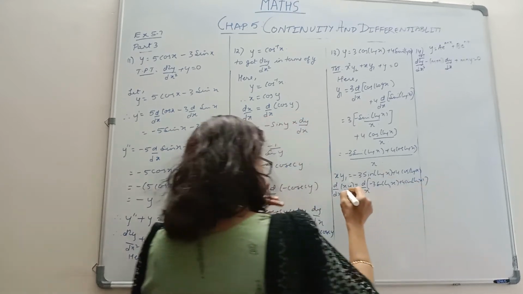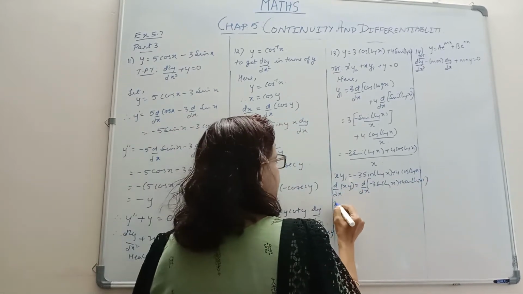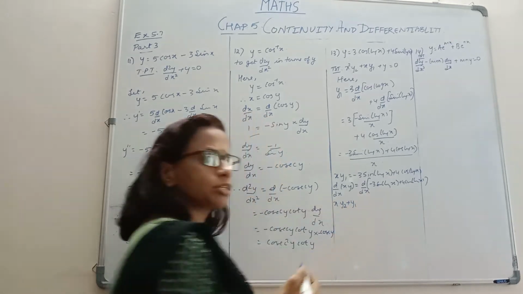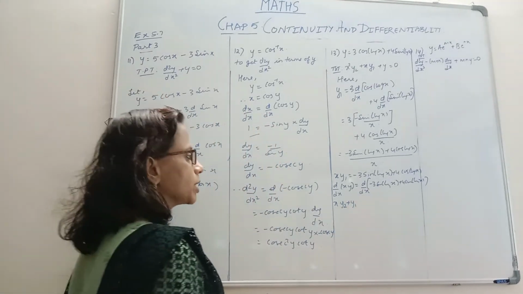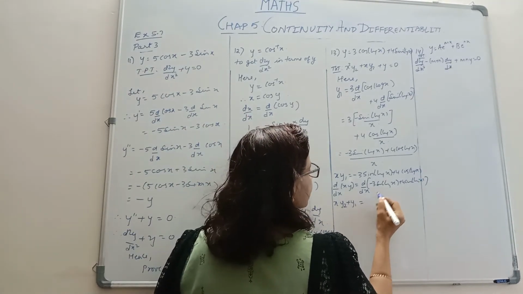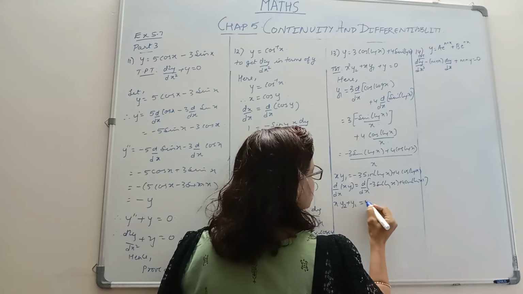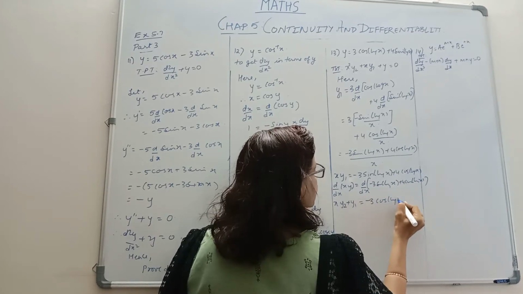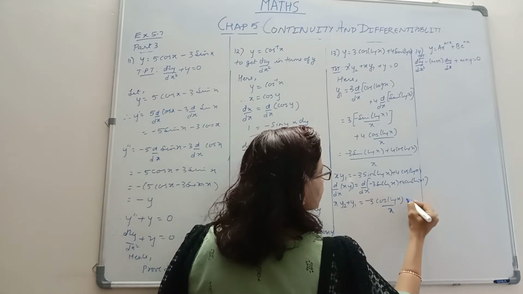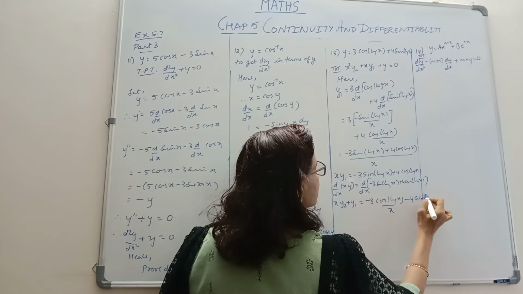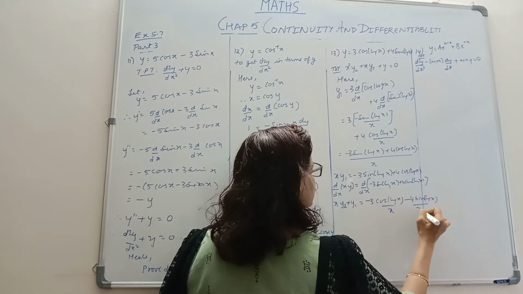Now this is a product. So x into the derivative of y1, and y1 into the derivative of x with respect to x, which is 1. So no need to write this much. Now on this side, it is the derivative of this term plus the derivative of this term. The derivative of sine log x is cos log x by x, and the derivative of 4 cos log x is minus 4 sine log x by x.